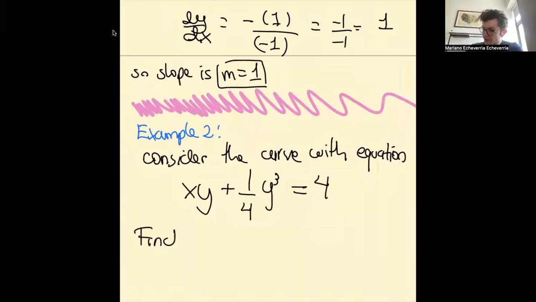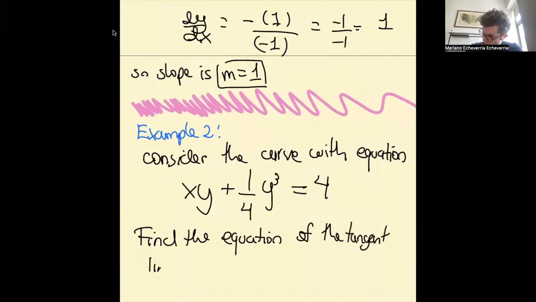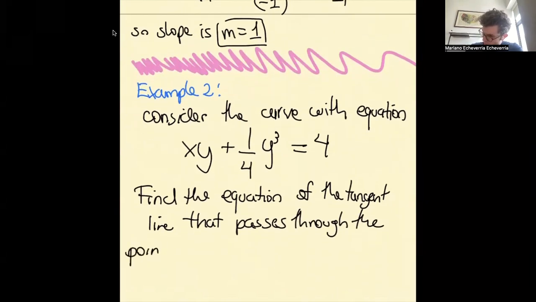Find the equation of the tangent line that passes through the point P equals 1, comma 2.